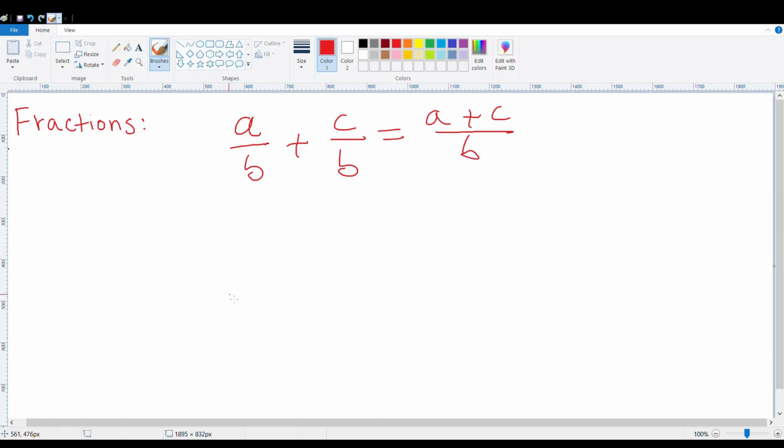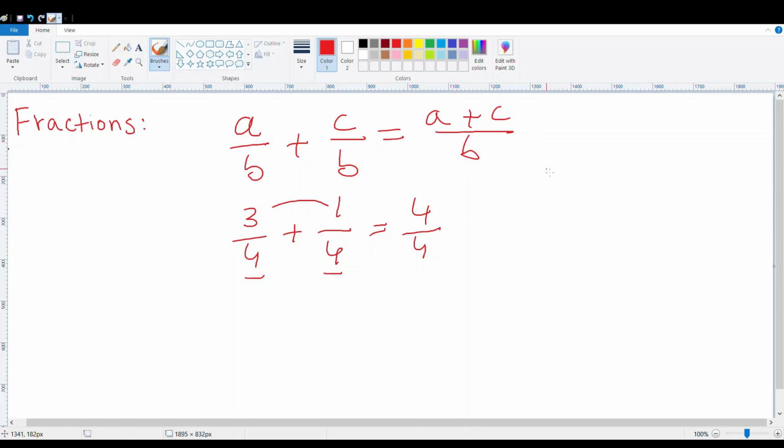An example would be adding 3/4 to 1/4. The denominator is the same, it's 4, so we can simply add the top numbers. 3 plus 1 is 4 over 4. You just keep the denominator, right?